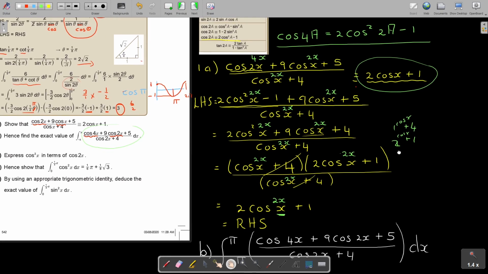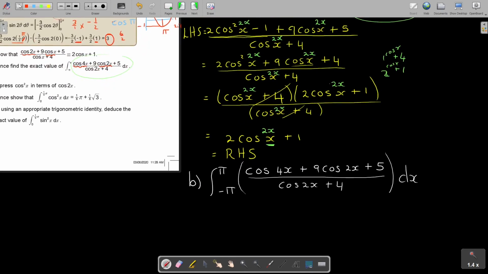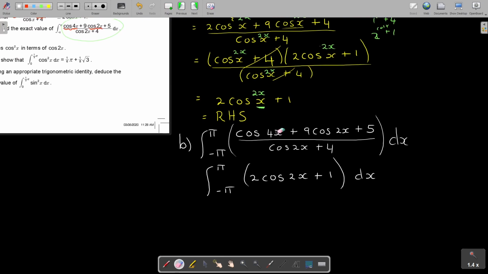So I can go, and look what I'm doing now. I'm still keeping my integral, and I say 2 cos 2x plus 1. Okay, did you see what it will be equal now? And dx. Right, so it's actually just that x that changed to the 2x on the other side also. And there was a 4.